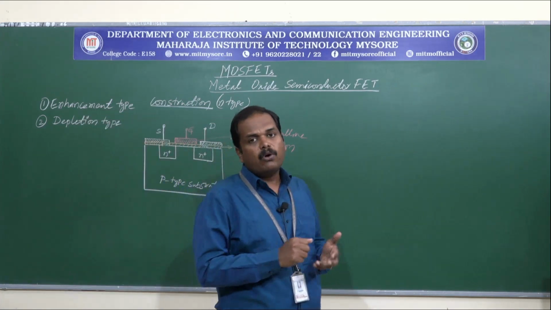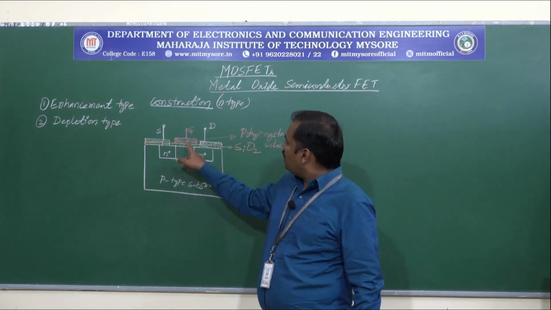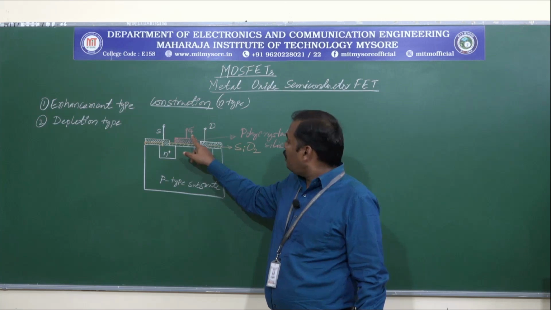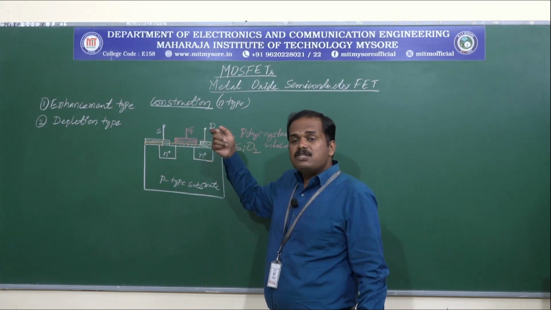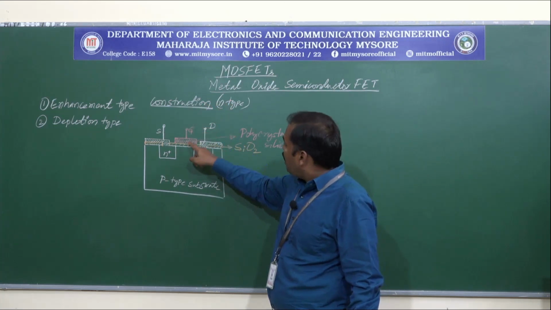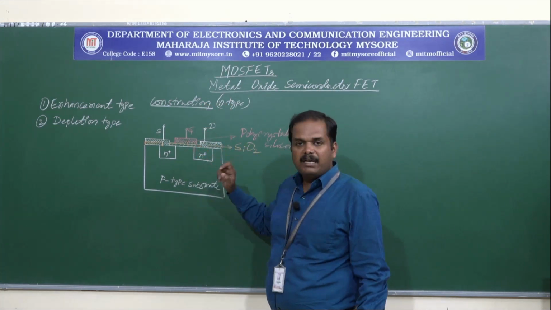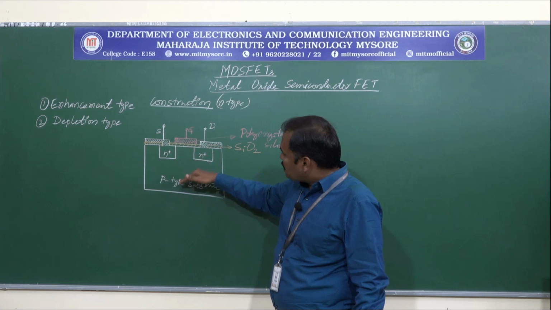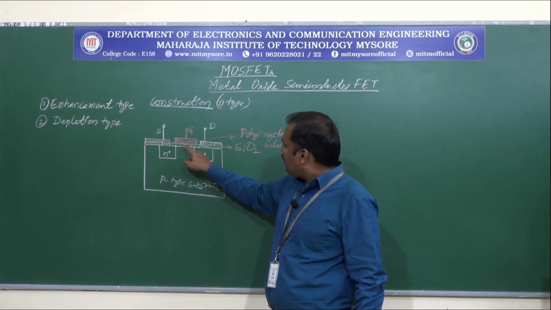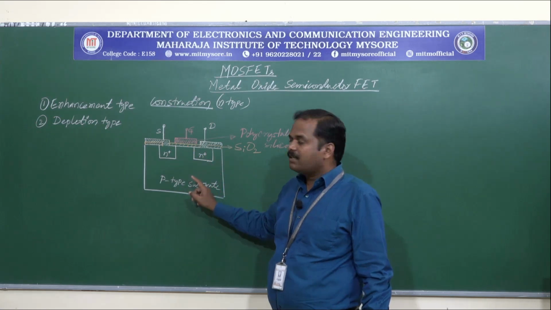Initially, when the MOSFET was designed or proposed, this was just a metal layer, not polycrystalline silicon. The device was named metal oxide semiconductor because we have these three main layers: metal, then oxide, and then semiconductor.